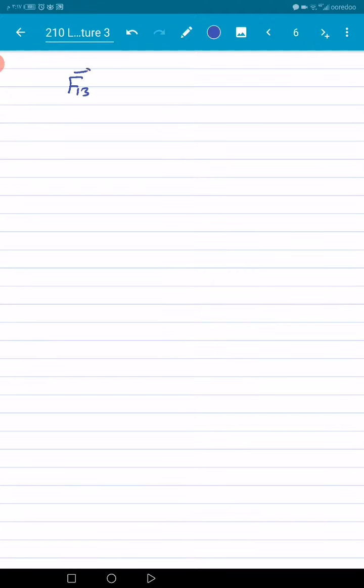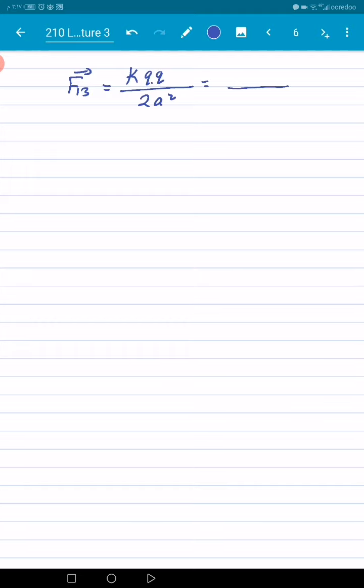So number 3, F13, it's equal to k, q1 or q, multiply q divided by 2a squared.